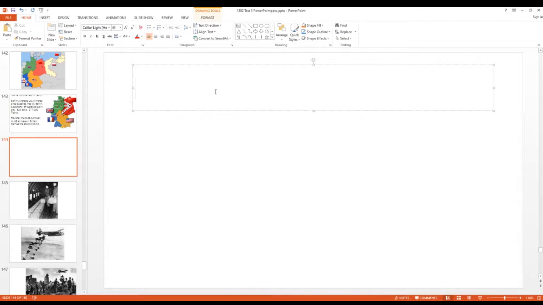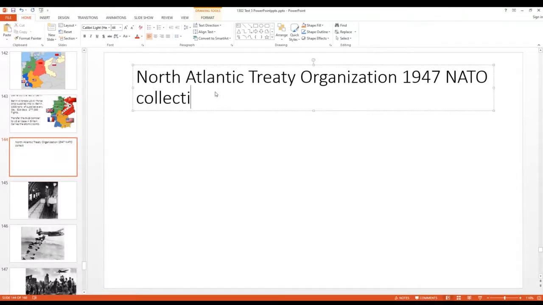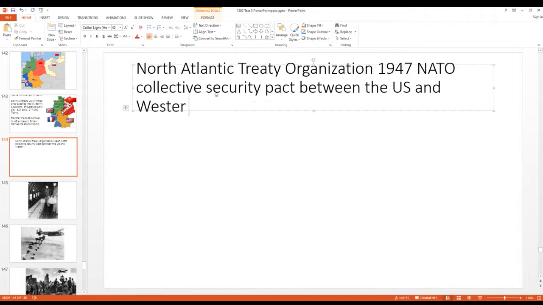So in order to put our allies at ease, the United States agrees to the creation of NATO in 1947, a collective security pact between the U.S. and Western Europe. And again, collective security: if you attack one member, you attack all the members. Okay. And that's 1949.